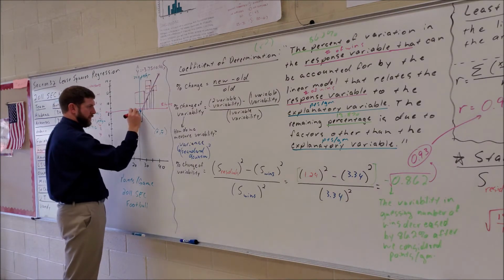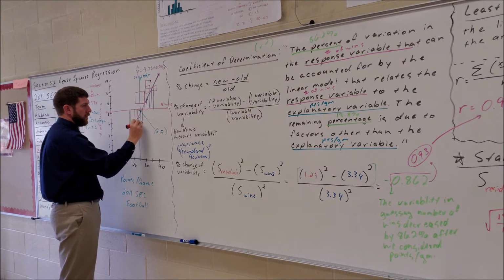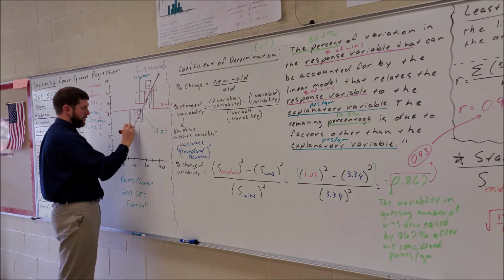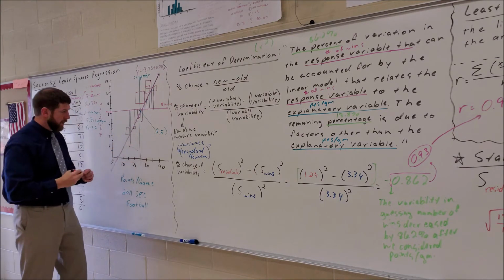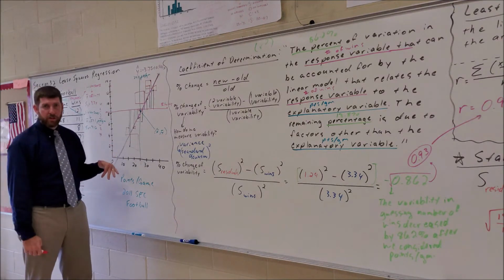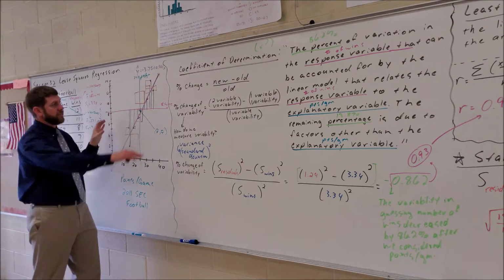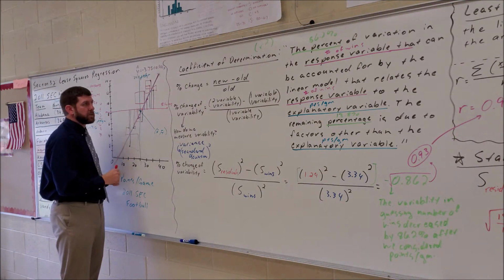I'm literally making a square off each residual, and when I take all of those squares and add them up, this is the line. This purple line is the line that makes all of those areas as small as possible.